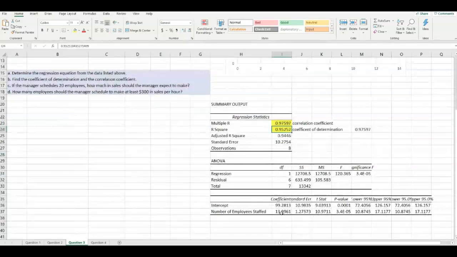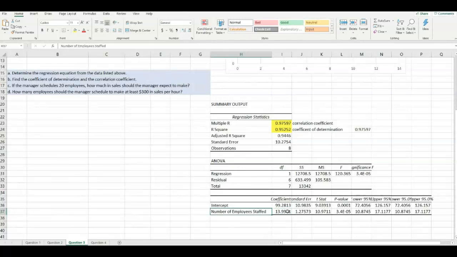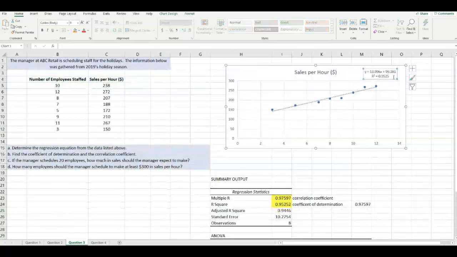Then we take a look down here. This 13.996, the coefficient for the number of employees staffed, this number is going to be your slope. We can look again at the equation of the line that we have up above. 13.996x, that's the slope times your x value.